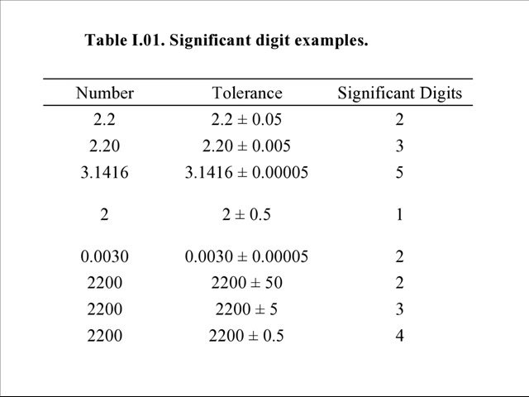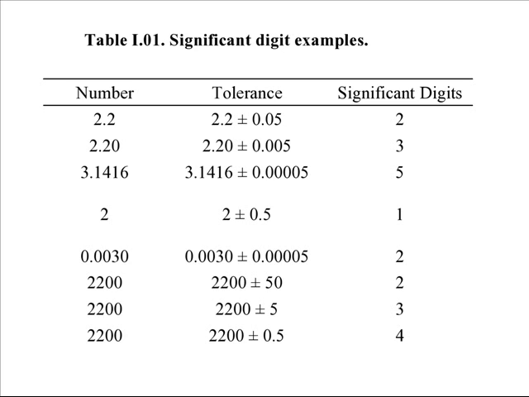In the case that you see next, which is 0.0030, you see that that has to be a half step after the last 0 after the 3, and therefore there are two significant digits because you have that 3 there.